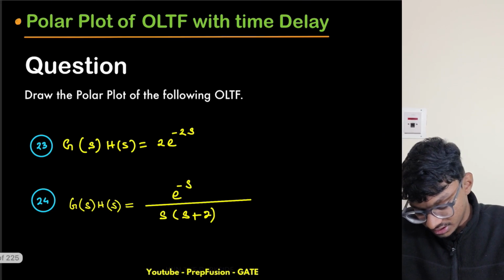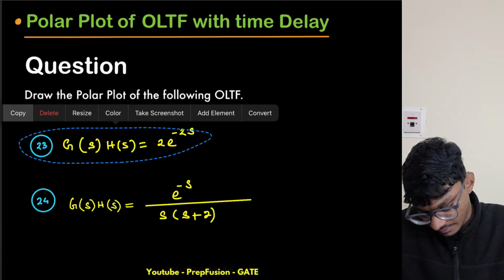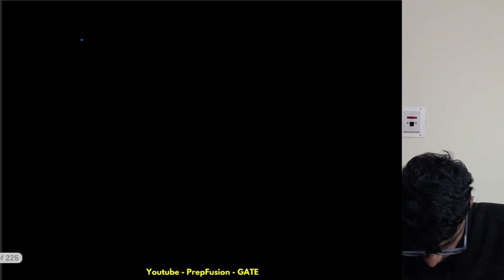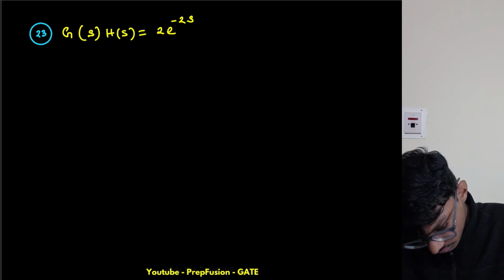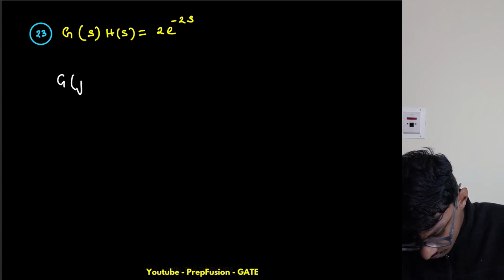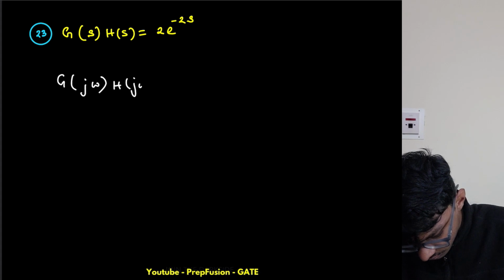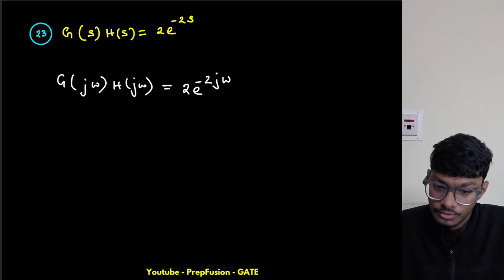So let me just write the transfer function. Okay, this one. Put s equals to j omega.